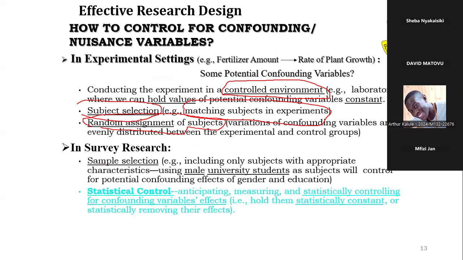In a survey, this is where sampling becomes important. You only include subjects that are appropriate for what we are studying. So if you're looking at online tools and improved learning, we only focus on students who are actually using online tools. You avoid anyone that is outside of that.